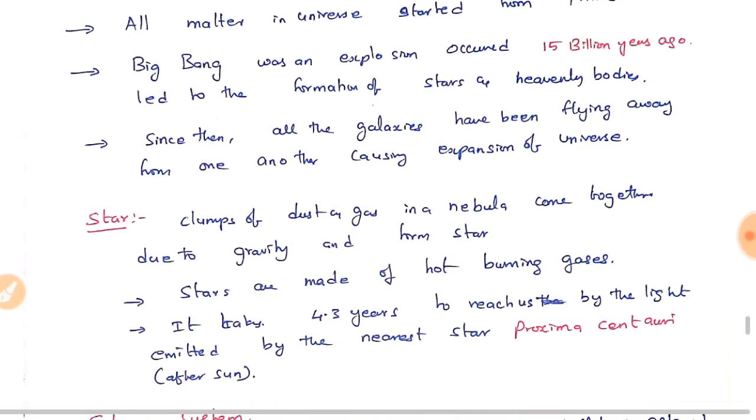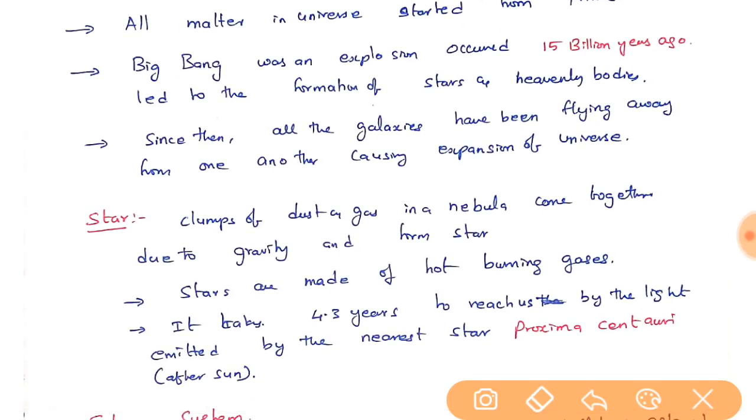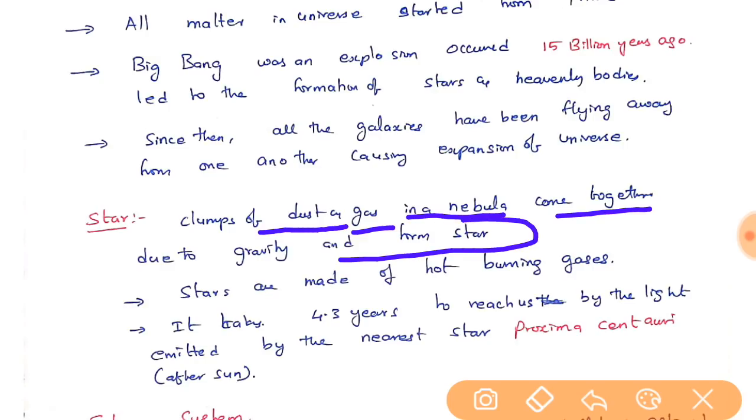What are stars? Due to this expansion, some clumps of dust and gas in a nebula come together due to gravity and form stars, friends. These stars are made up of hot burning gases, friends. So if you see a star, the light it emitted reached us 4.3 years later from the nearest star apart from the sun, that is Proxima Centauri.